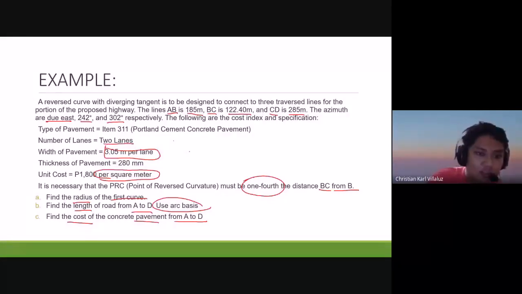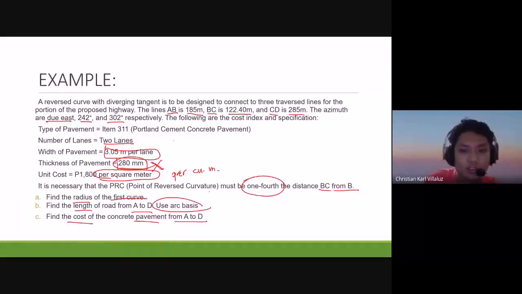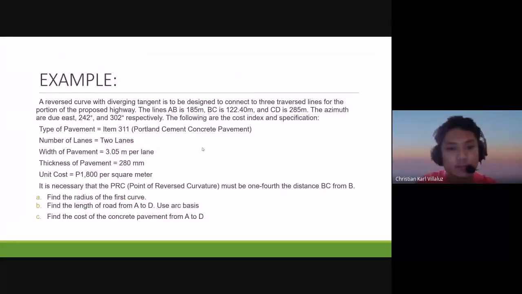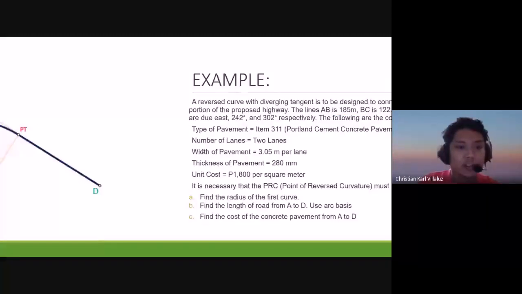The thickness of the pavement will not be used, because it would only come in if the basis for the cost is per cubic meter, then we multiply the thickness of the pavement. But since it is per square meter, only the area of the roadway is required.